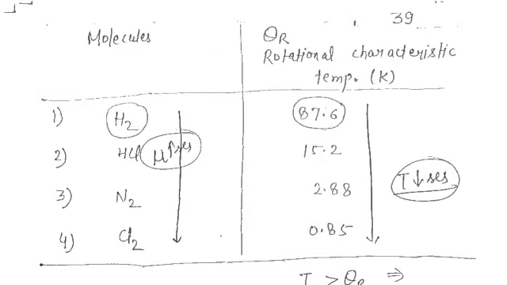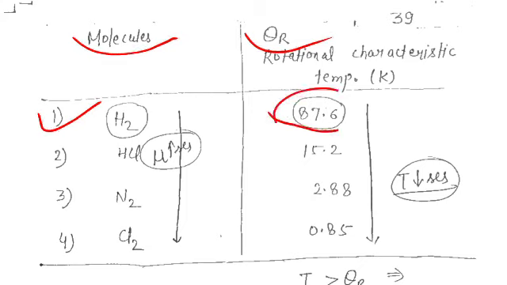Here what is given to you are the molecules as well as their rotational characteristic temperatures theta r. Moving from serial number 1, we have the H2 molecule, hydrogen molecule, and its characteristic rotational temperature is 87.6 Kelvin.